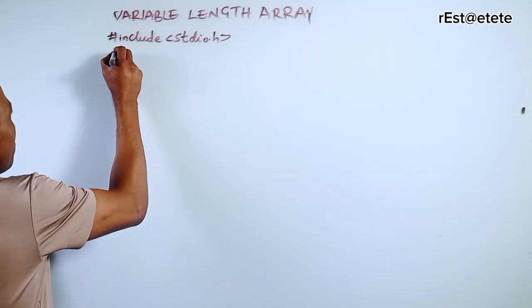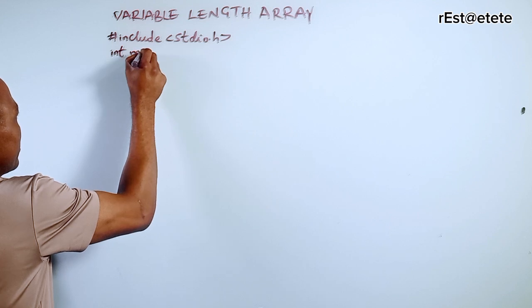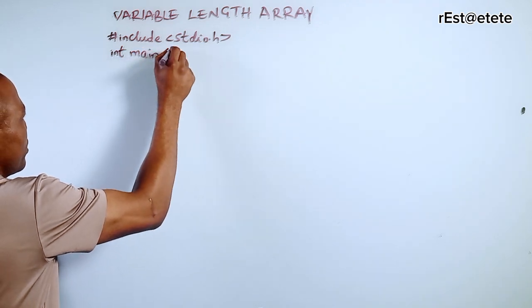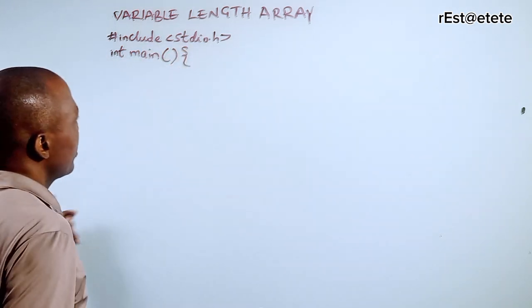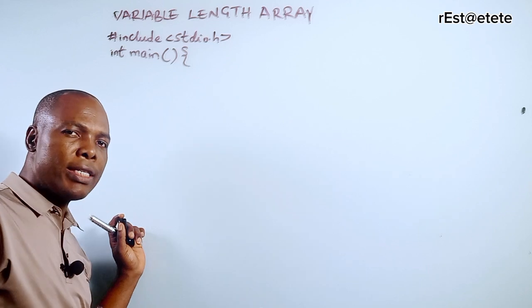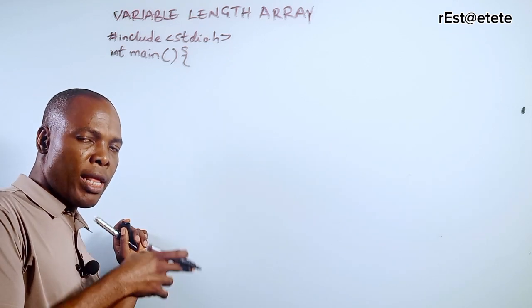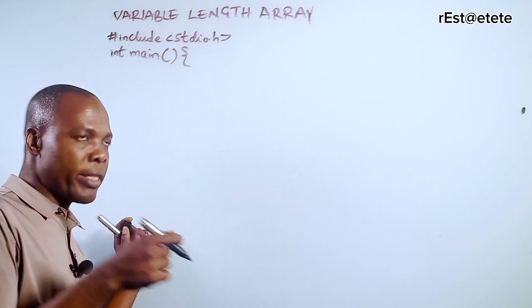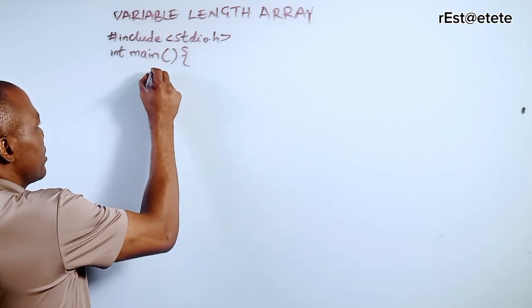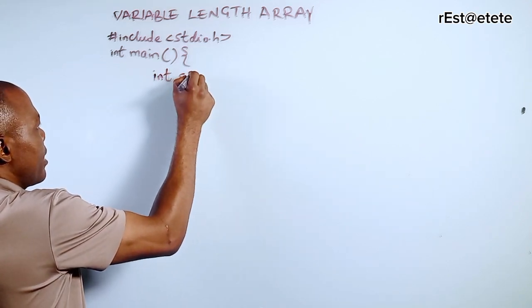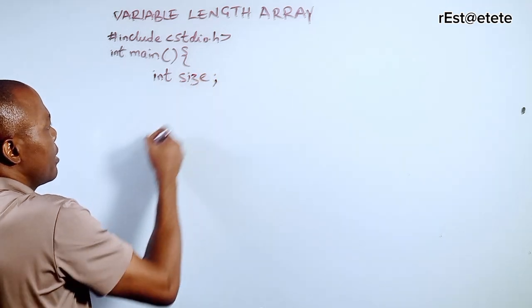I'll declare my main int main function. Now, I don't know the size of my array, so I'm going to declare a variable that will hold the size at runtime. So I will say int size, right?